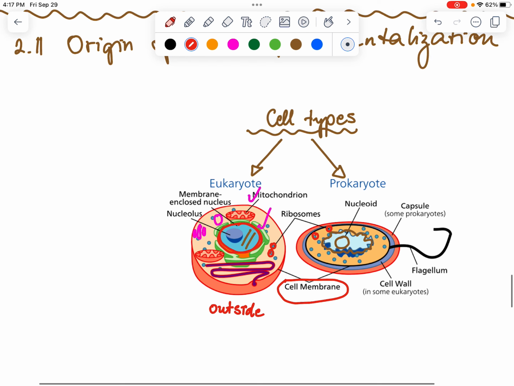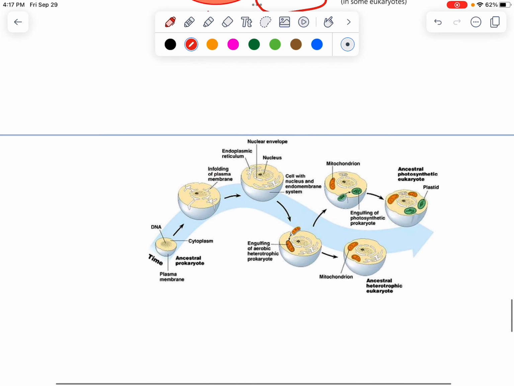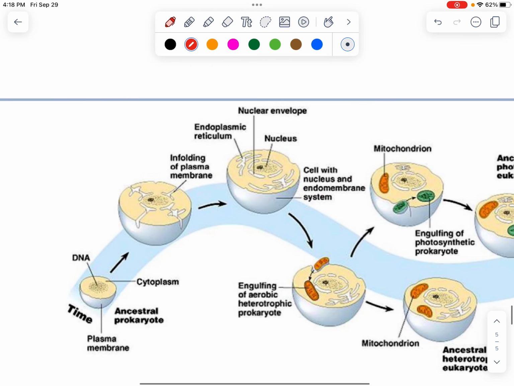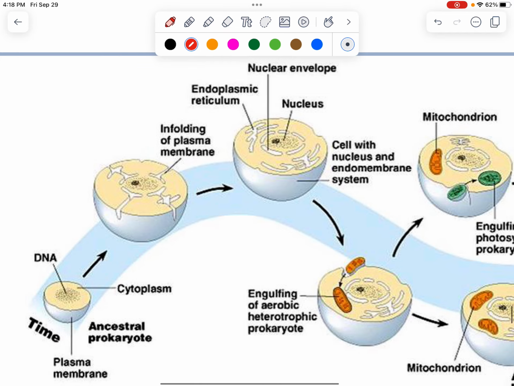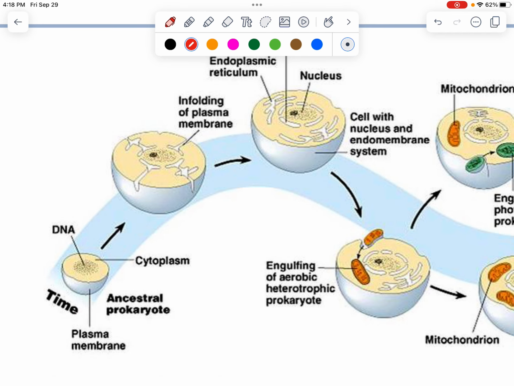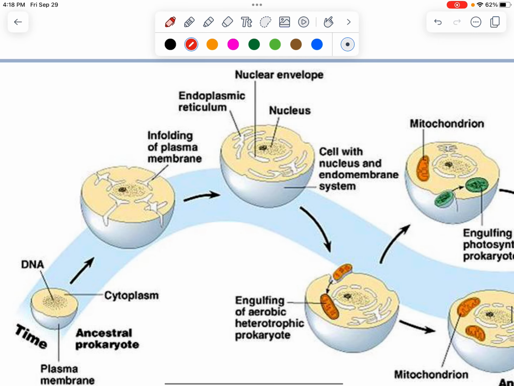Now, the evolution of the endomembrane system, here is the endomembrane system, is really interesting. Please notice how the nuclear membrane, here is the nucleus, the nuclear envelope is going to form like an infolding, invagination of the plasma membrane around the nucleoid region, and later on it forms a nuclear envelope.